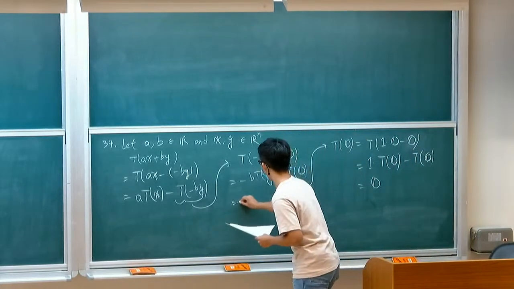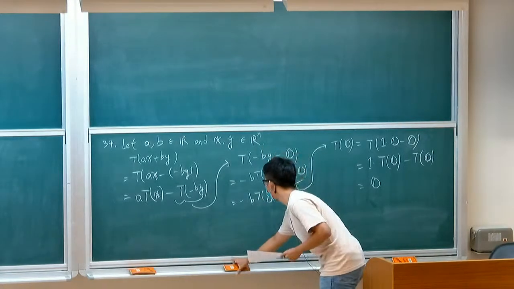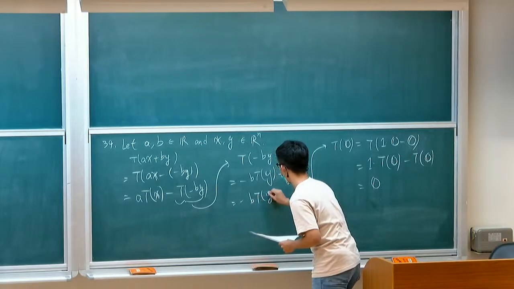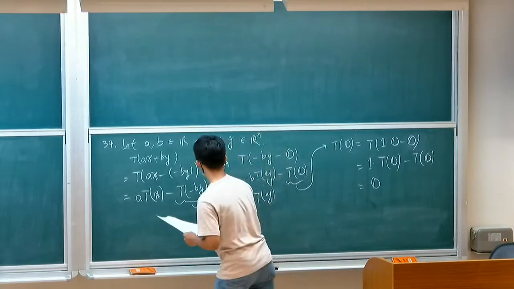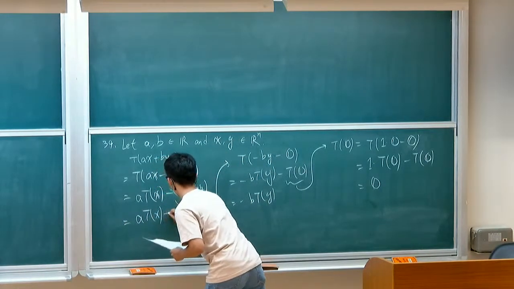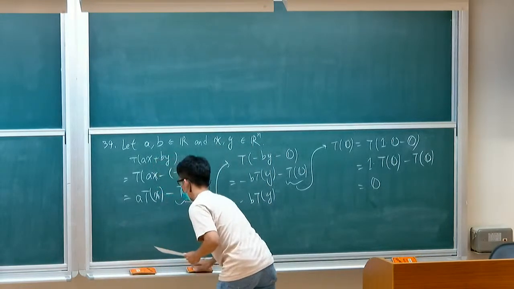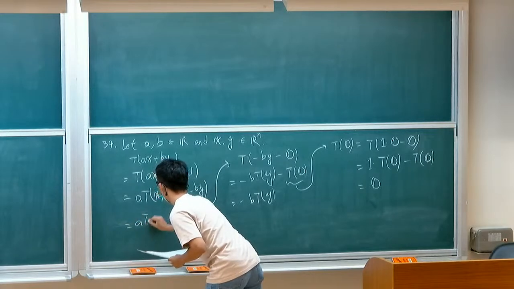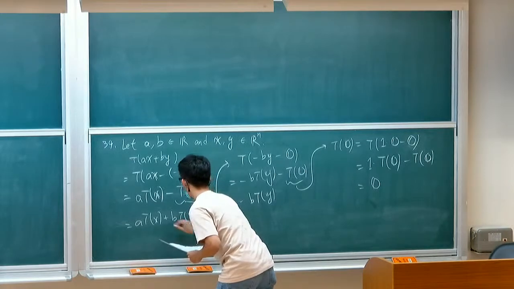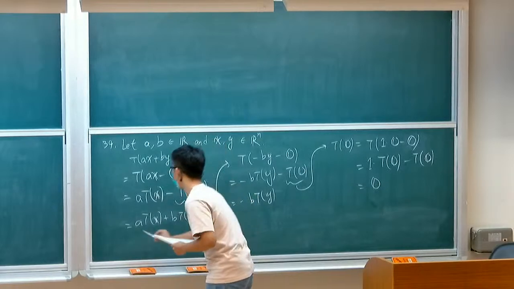Then this one is just b T of y. So we can conclude that T is linear.